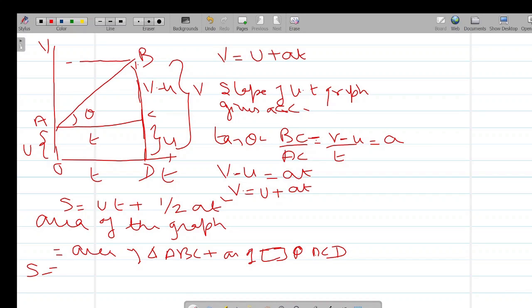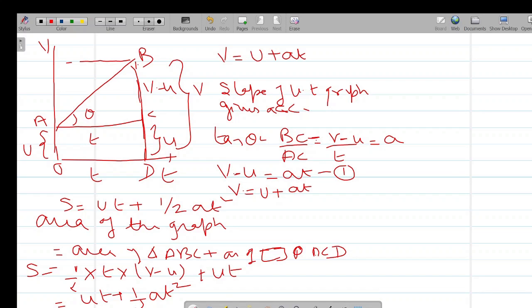So what is displacement? Area of triangle, half into base into height, plus u into t. What is V minus u? V minus u from equation number 1 is AT. So this is ut plus half AT square.